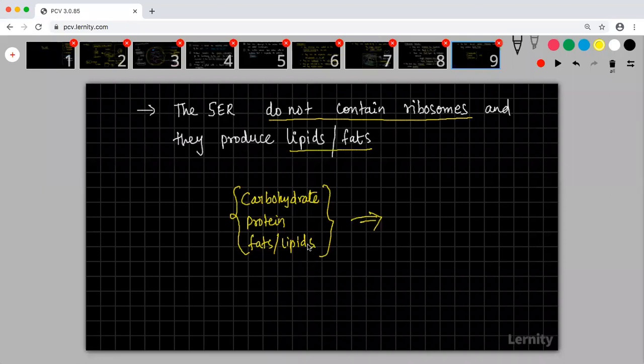The potato will be broken down in my body and help to build my body in the way my body requires. So when rebuilding, you need to produce carbohydrates, proteins, fats and lipids. In a cell, who is responsible for producing the fats or lipids? It is the smooth endoplasmic reticulum.